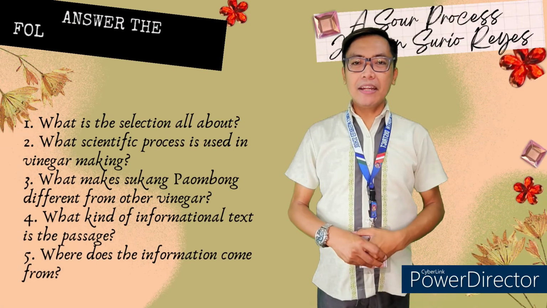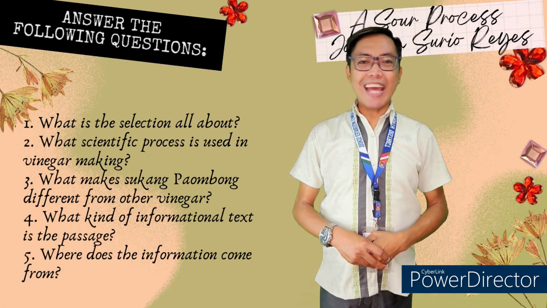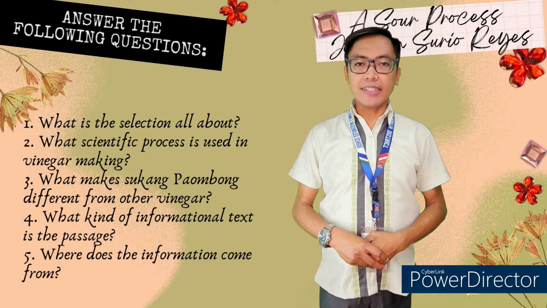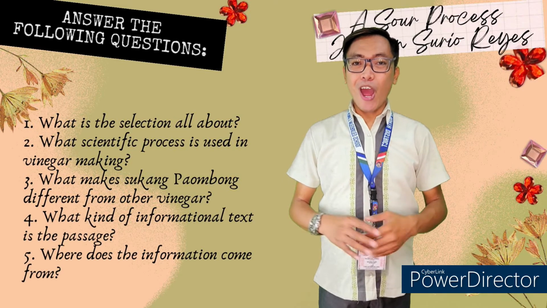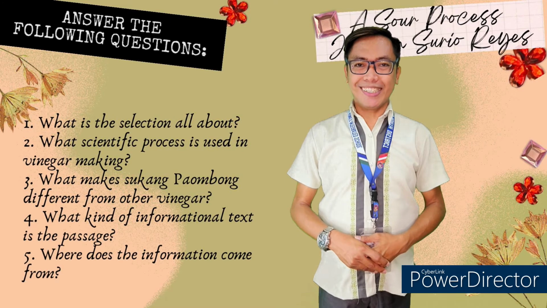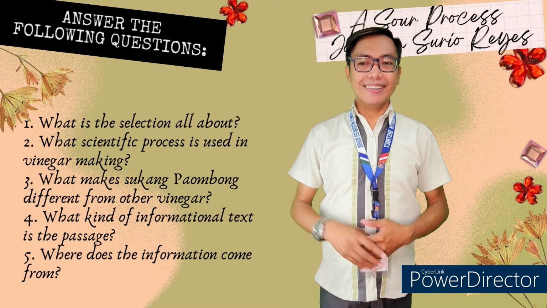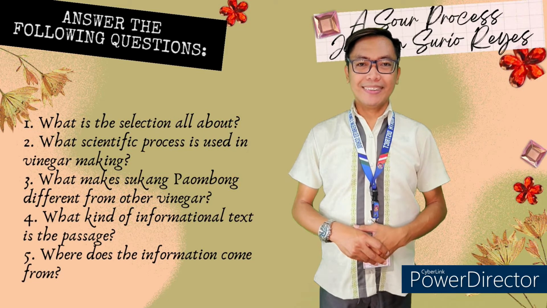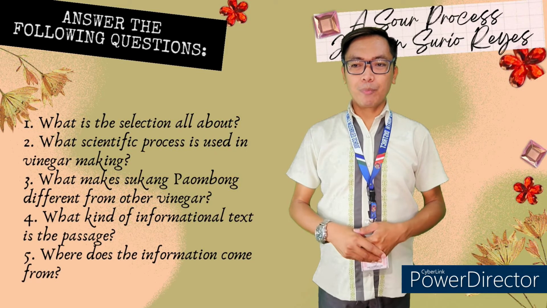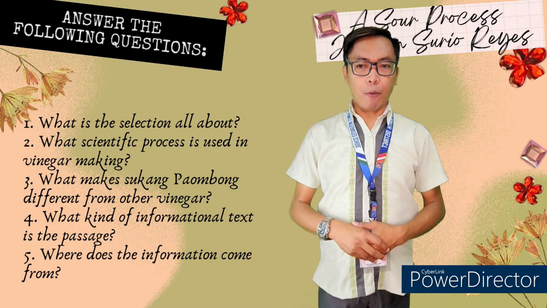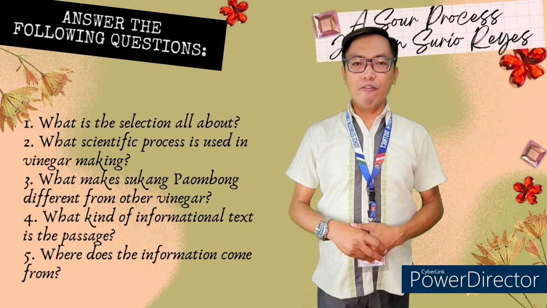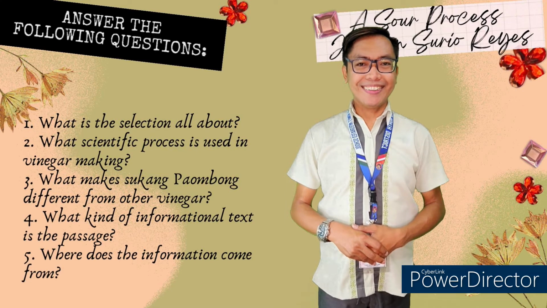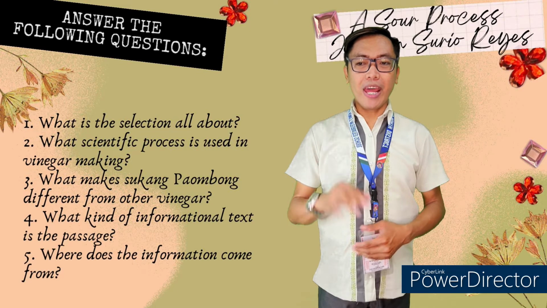If you really understood the selection entitled A Sour Process by Jonjon Suryo Reyes, you can answer the following questions. Number 1. What is the selection all about? Number 2. What scientific process is used in vinegar making? Number 3.